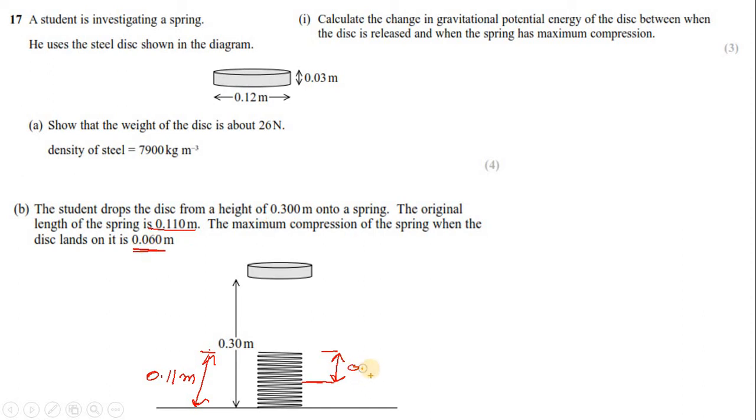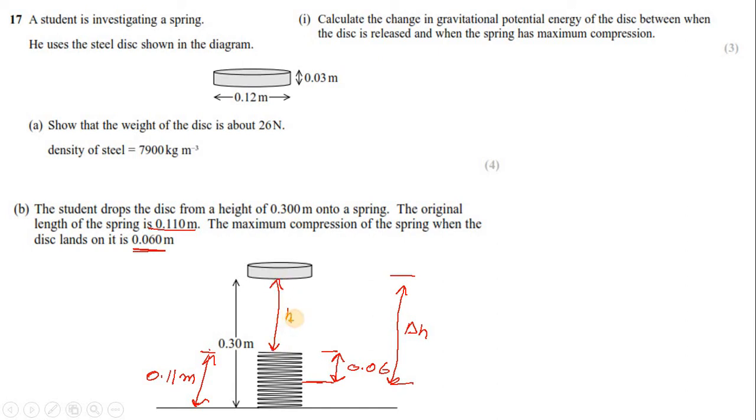So 0.06. That means if we need to find the change in gravitational potential energy, we need to figure out this height, the change in height of the disc. This delta H is this height.